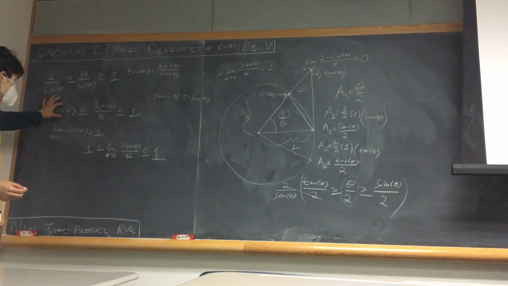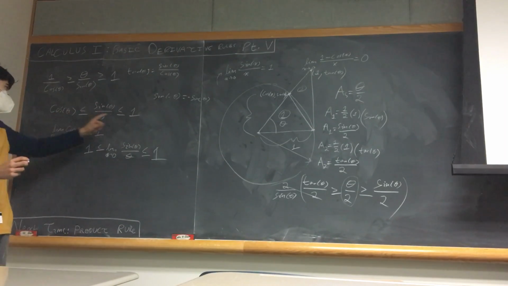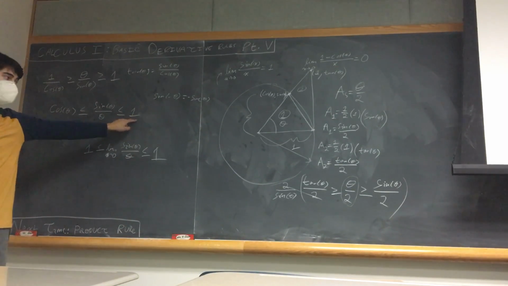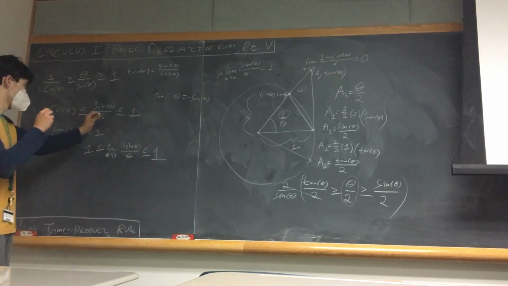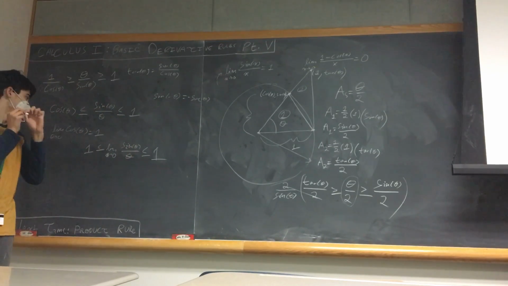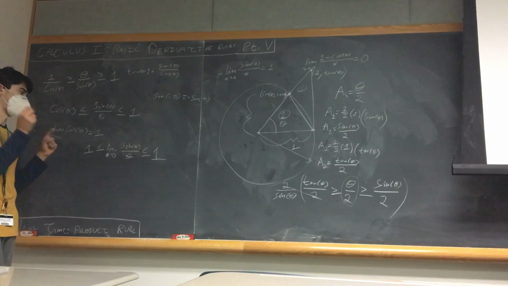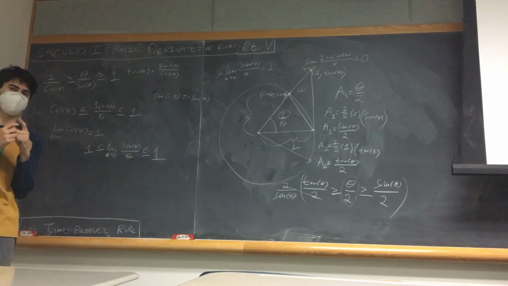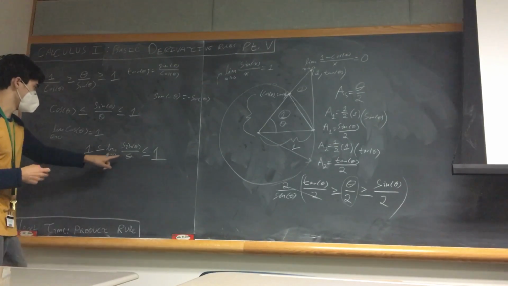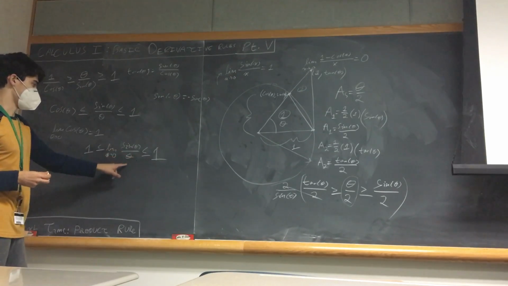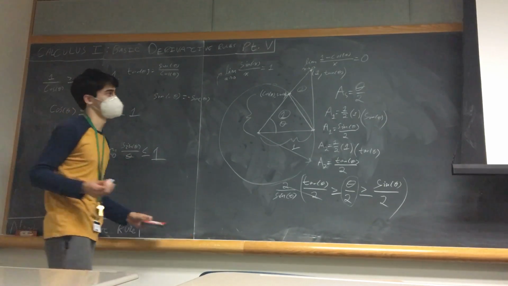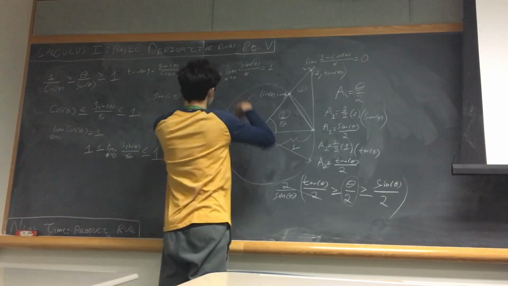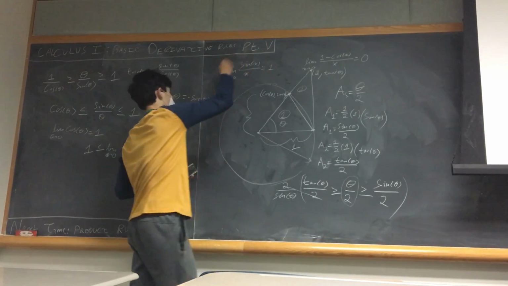So we see that the function cosine theta and the function 1 squeeze sine of theta over theta over an interval, and they both approach 1 as theta approaches 0, meaning that sine of theta over theta also has to approach 1. And there's the proof of this one.